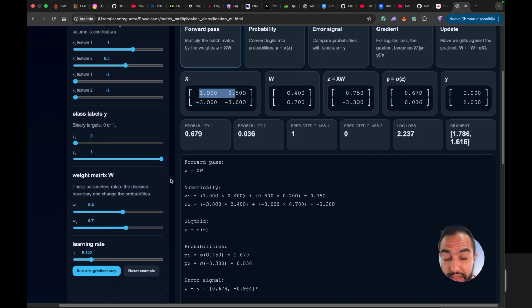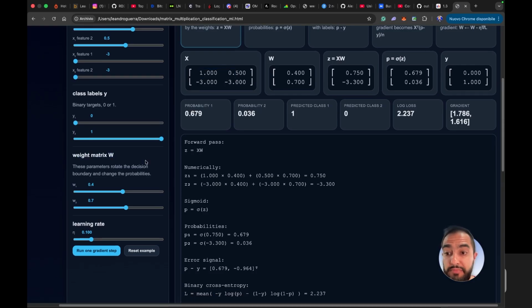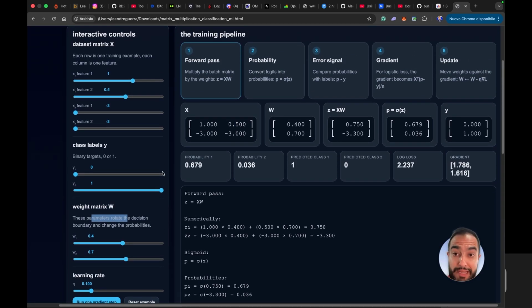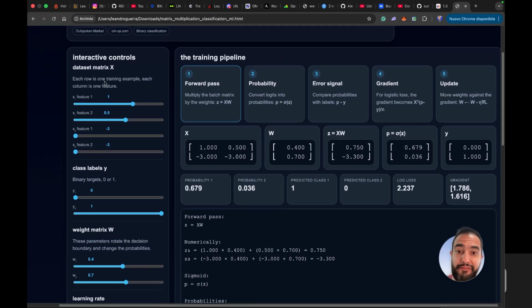In addition to that, you also have the weight matrix, which are the parameters that will multiply the inputs of the matrix containing the values of the features, and then they will be updated to get to the result that you want: 0 for y1 and 1 for y2.